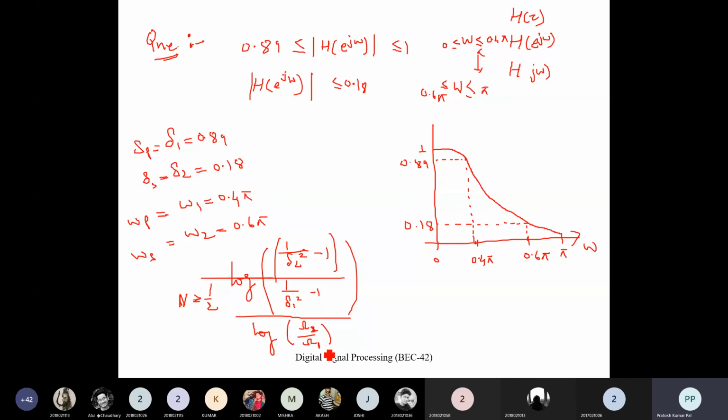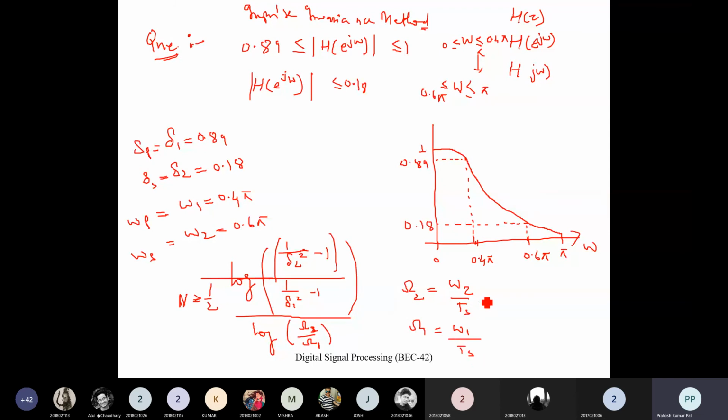So in that calculation, we need to have the values of omega 1 and omega 2. In the question, if it is written which method we need to use, for example if it is written that we have used the impulse invariance method, then from there we can find that omega 2 equals omega 2 divided by Ts, and omega 1 equals omega 1 divided by Ts.